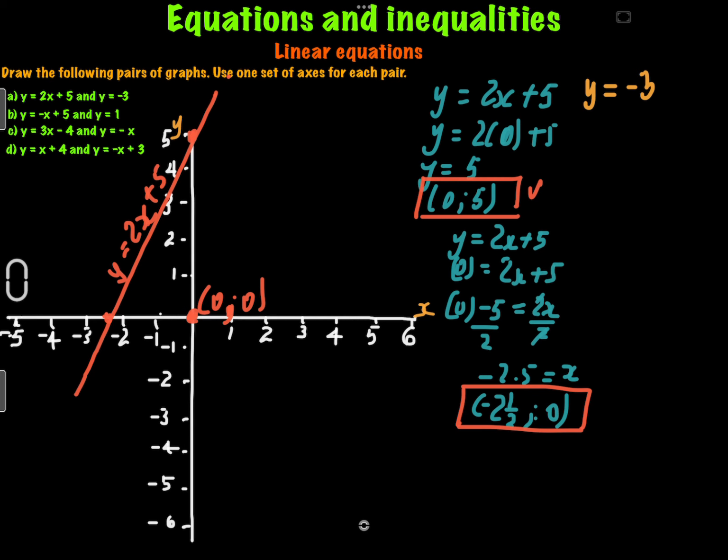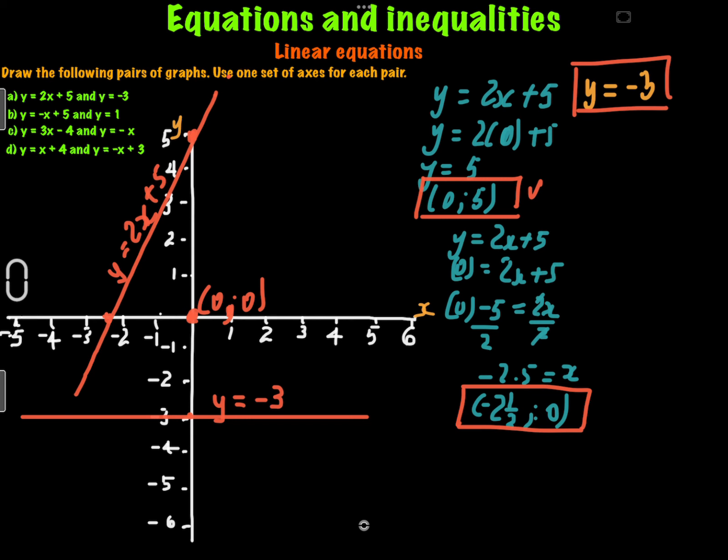And then we need the one that answers y equals negative 3. So y is simply negative 3 at this point here. Now we are done with our first question.